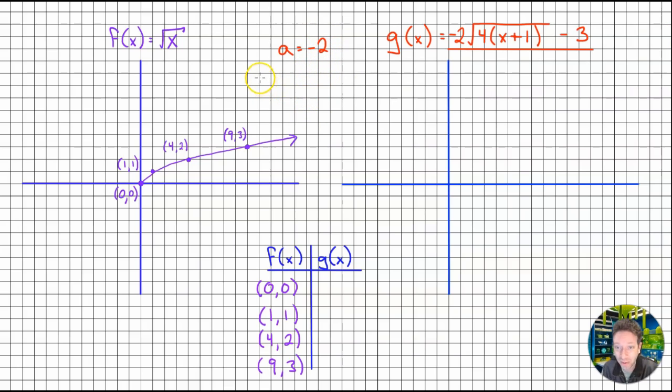Okay, so the y-coordinate we are going to multiply by -2. Then we also have this value for c. So c is -3. That's our vertical shift. So then we have to subtract 3 from our y-coordinate. So this is how we find our new y-coordinate.